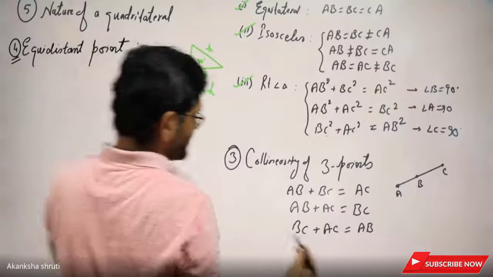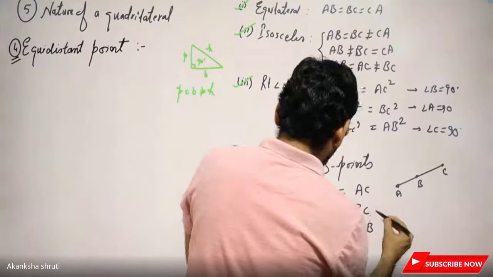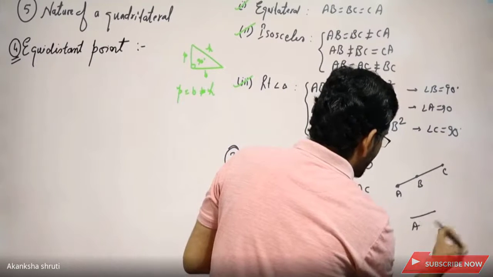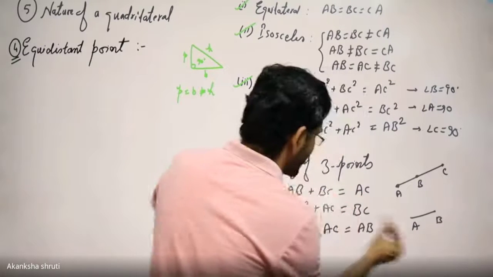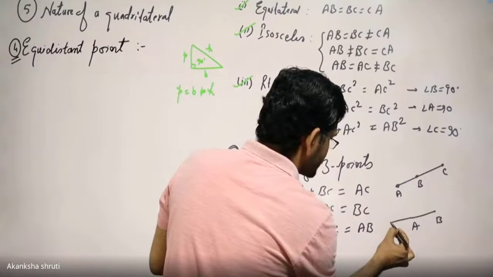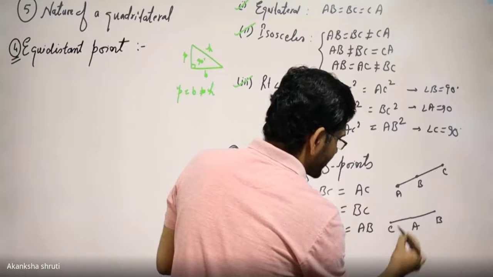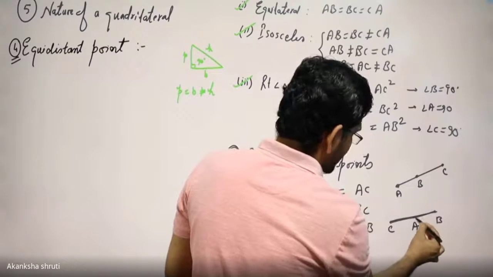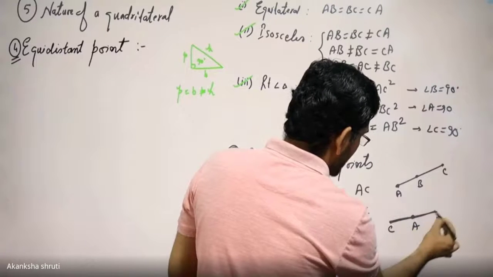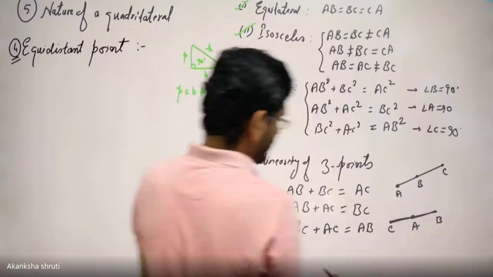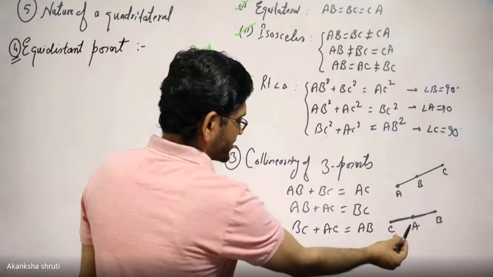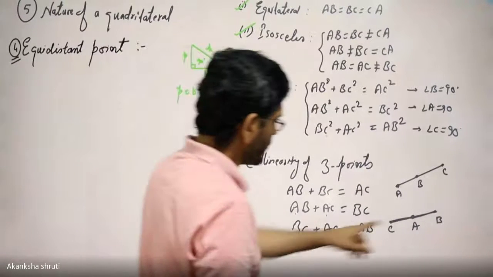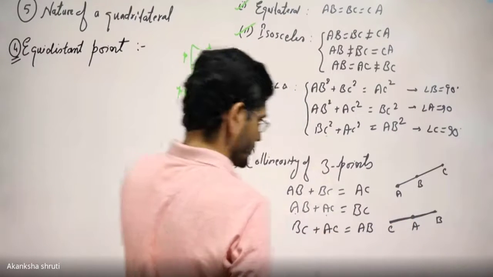Students, it may be possible that AB plus AC, so if this is our AB and another one is our AC, then this C must be somewhere here. That's why this becomes BC. So which point is between whom? That can also be calculated. Here, whatever the common vertex or common point is, that will be between the other two.